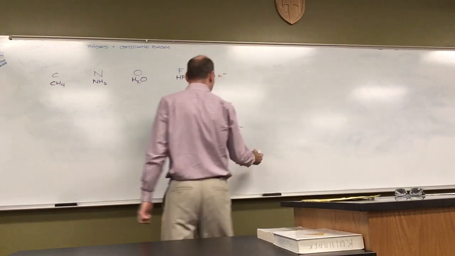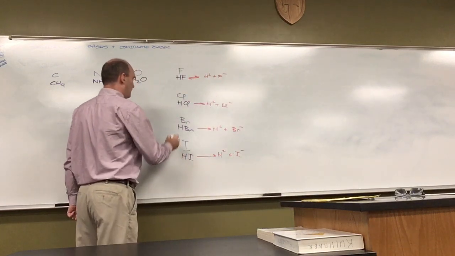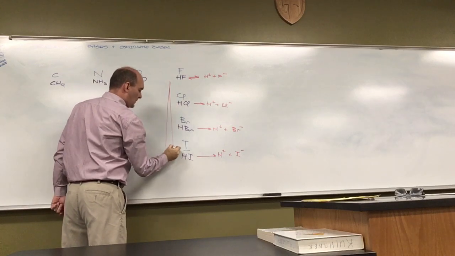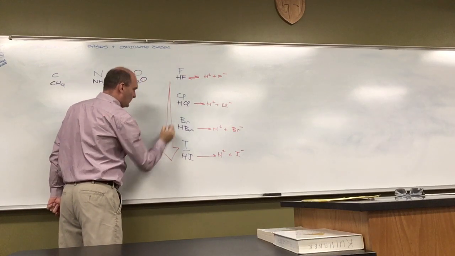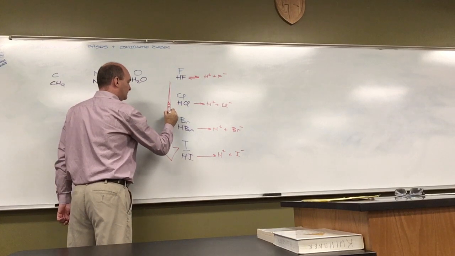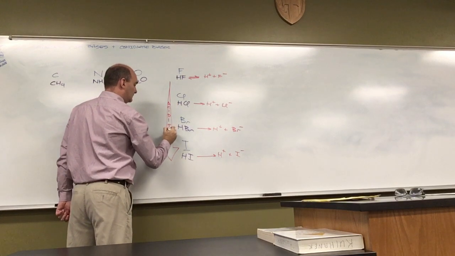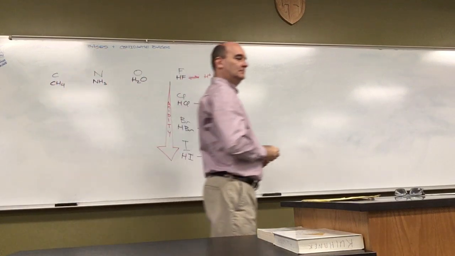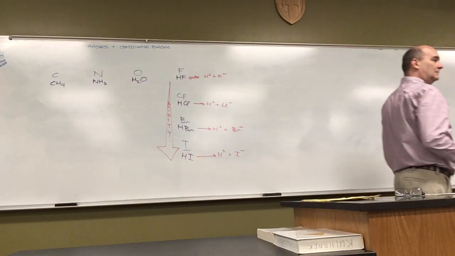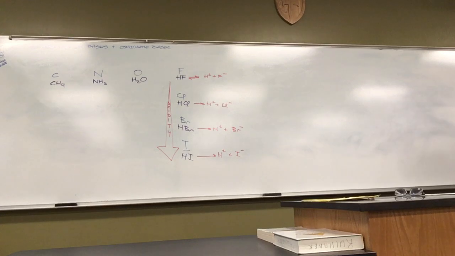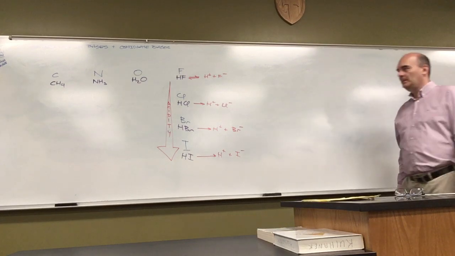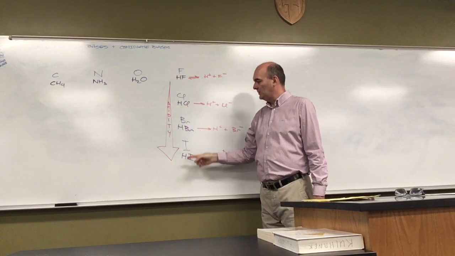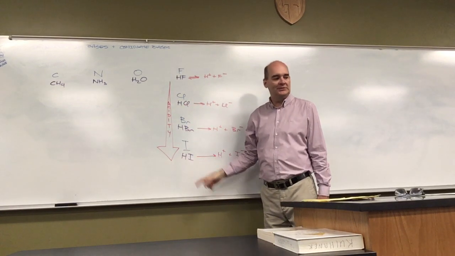So my acidity trend goes that way. Acids are the opposite of bases. The acids are the HF, the HCl, the HBr, and the HI. Those are the free acids.